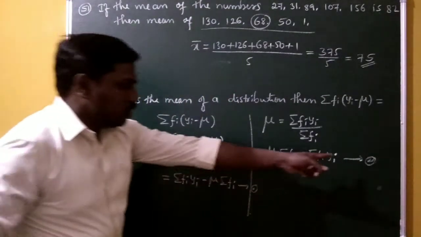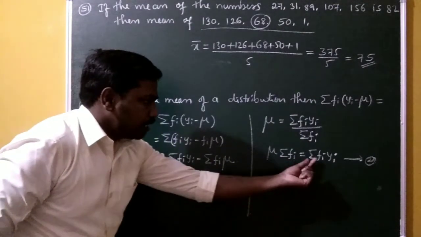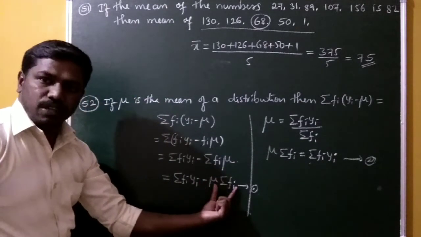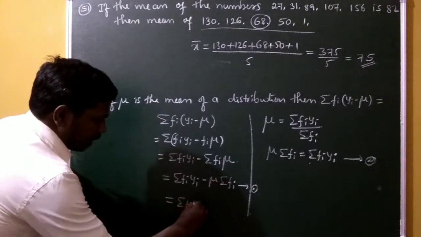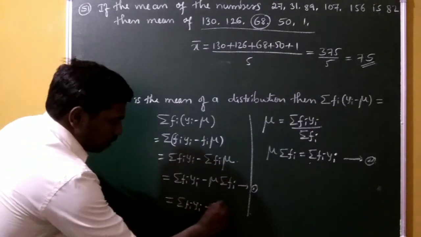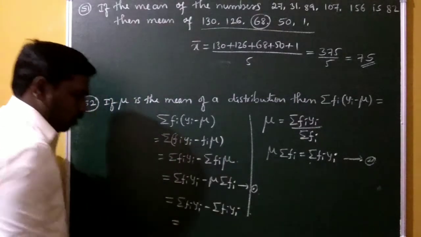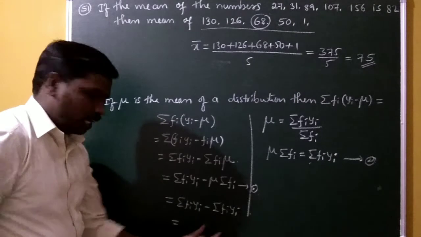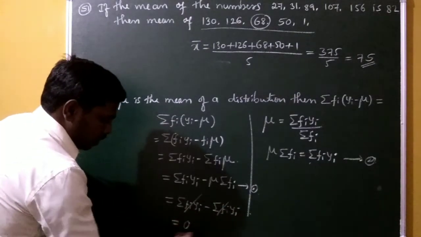From equation 2, mu into summation of fi is summation of fi yi. So we can write summation of fi yi minus summation of fi yi. Both terms are the same, but this term has a negative sign, so the two cancel, and it is equal to 0.